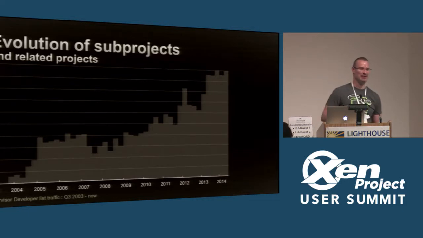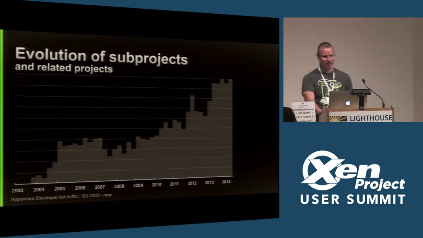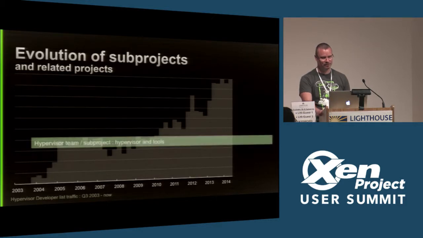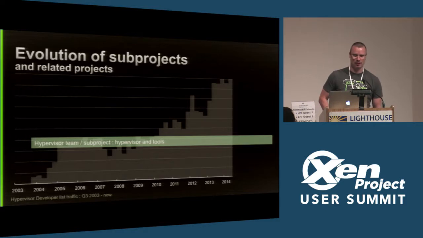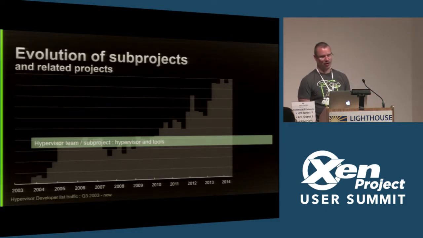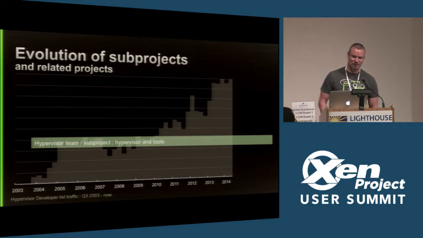I didn't have enough time to do that, so we'll just use the developer stats as a background. So we started off with the hypervisor sub-project or team, in 2004, and of course that's still around, and it will always be around because that's the core of the project.